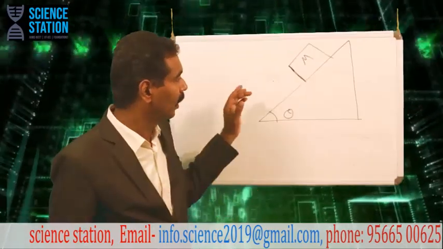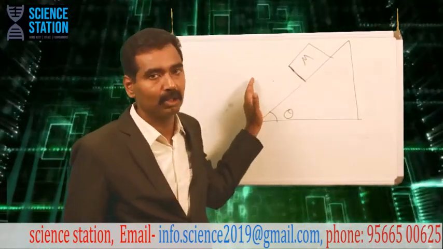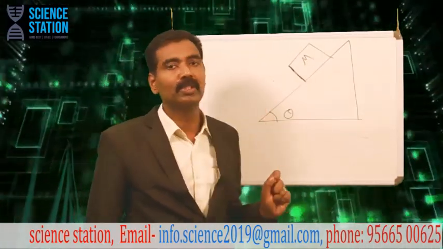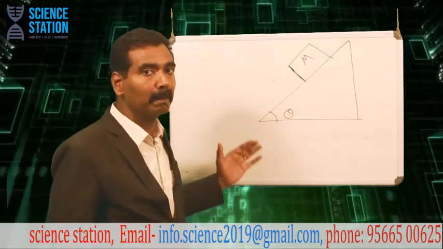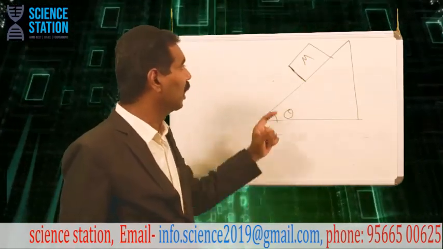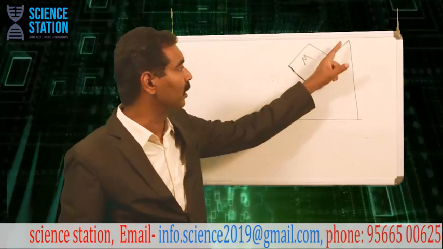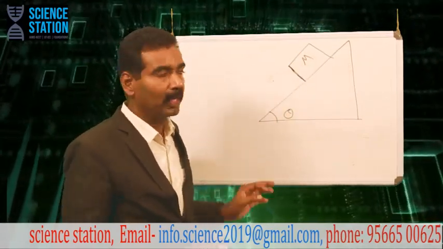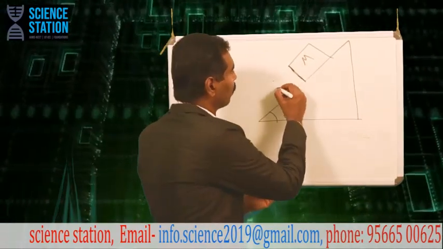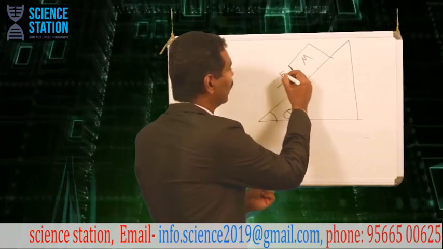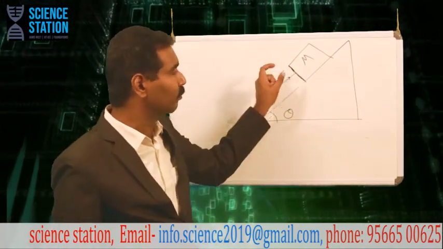Let us discuss a problem in laws of motion, an AIPMT previous year question. A body of mass m is placed on an inclined plane, and to prevent the body from sliding down the plane, a force F is needed.